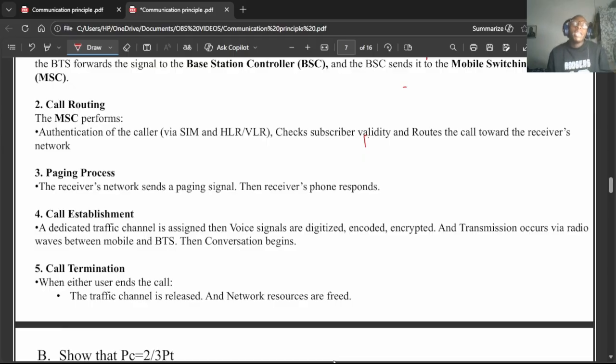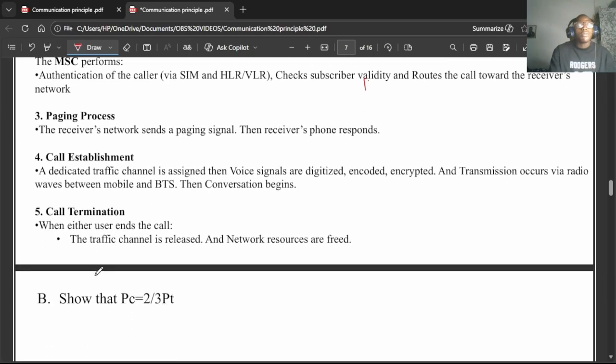On call termination, after everything has happened, either the caller or the receiver will end the call. These are the steps involved in GSM to GSM communication.